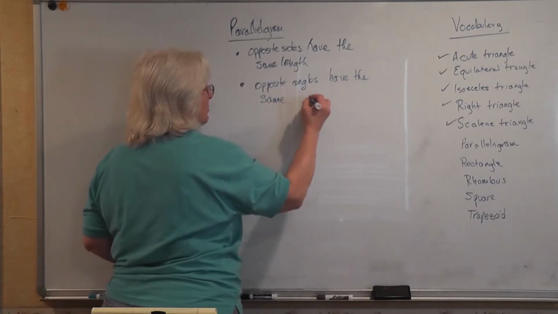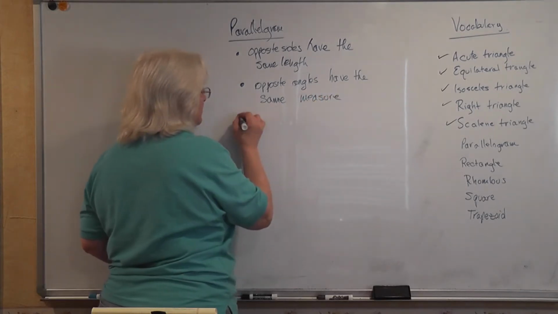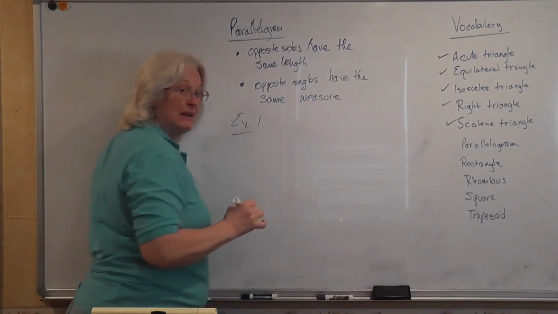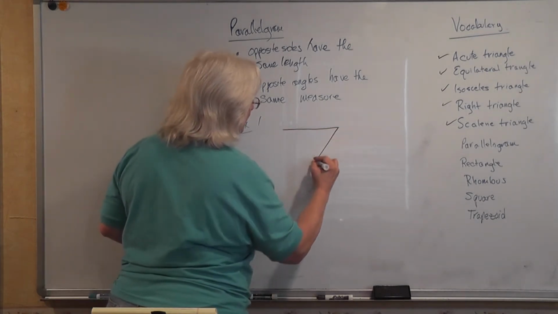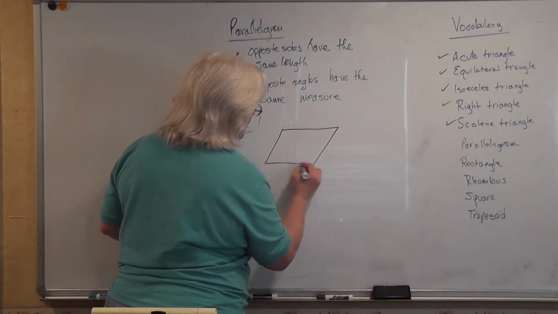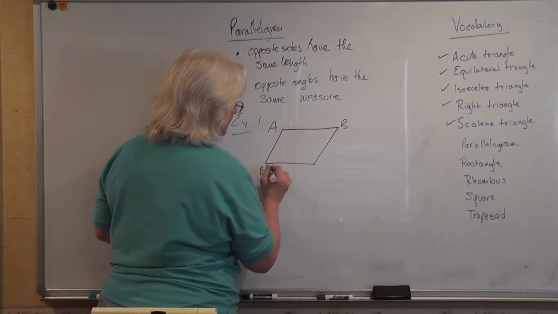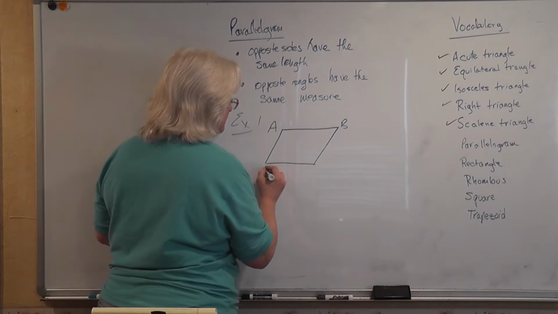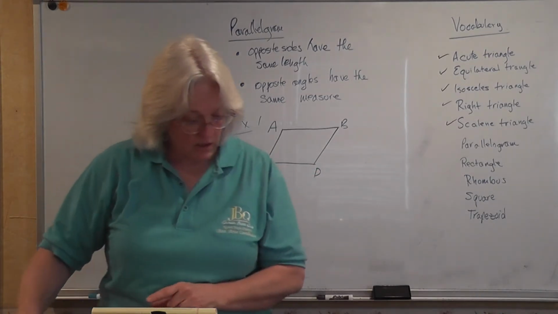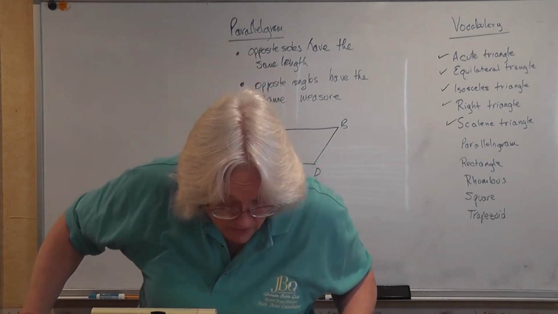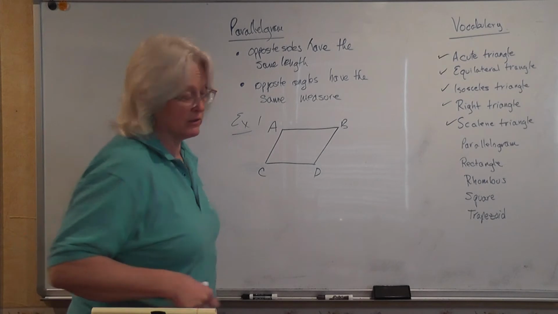And in example 1, we are given a drawing and we are told that it is a parallelogram. So here's my parallelogram, and its corners, vertices here, are A, B, C, and D. And they tell us the measure of two of the angles.